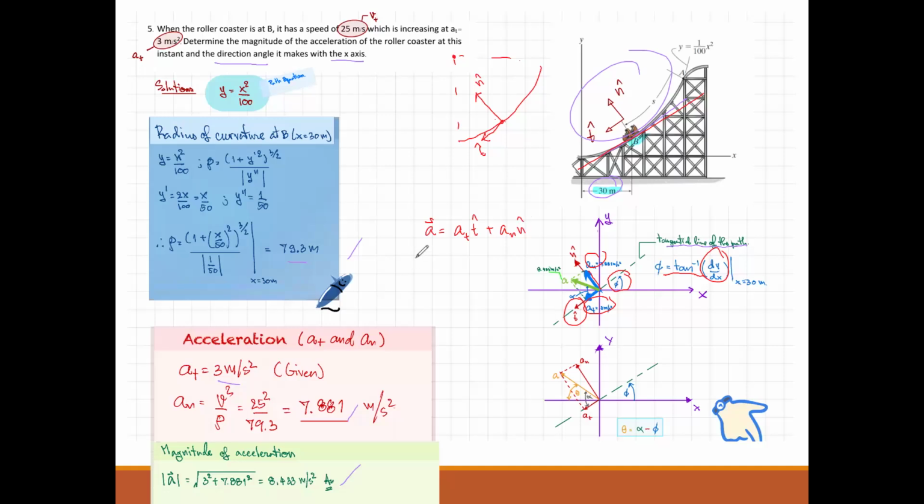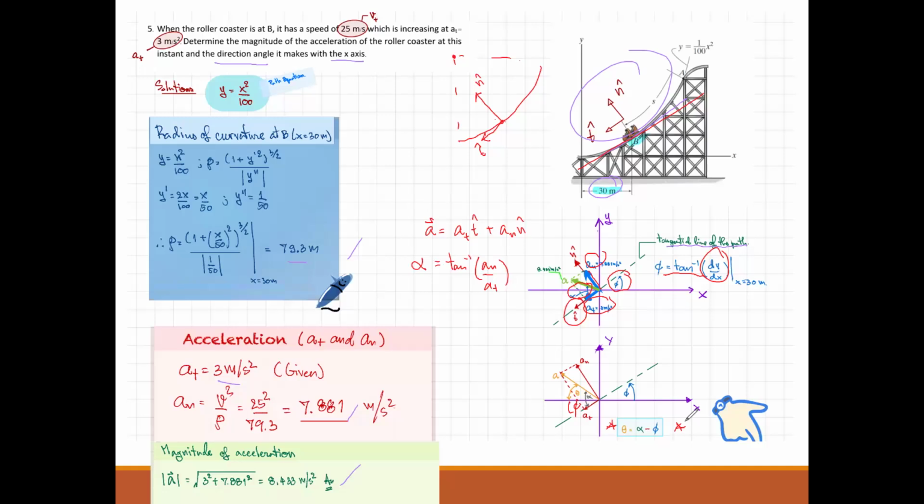So the angle alpha here is equal to arctan of a_n over a_t. According to this, we can determine alpha. After we have alpha, we subtract angle phi. So the angle theta, which the problem would like to know, is equal to alpha minus phi.